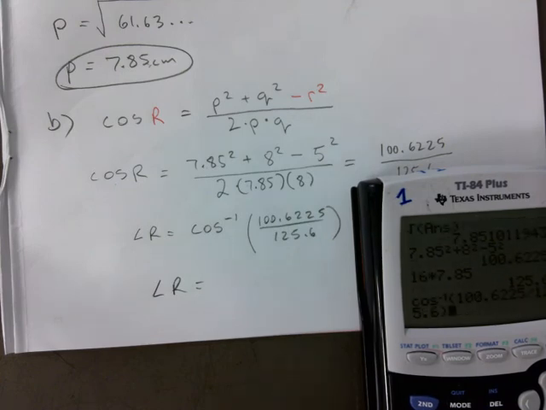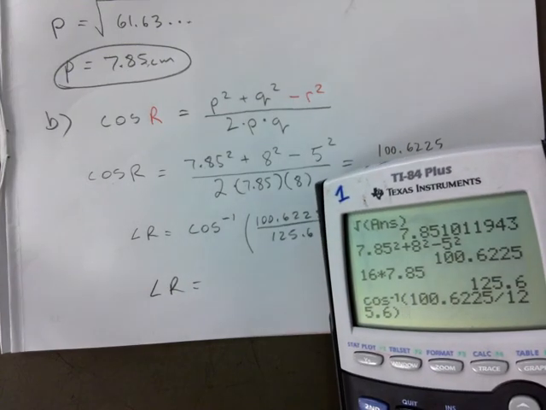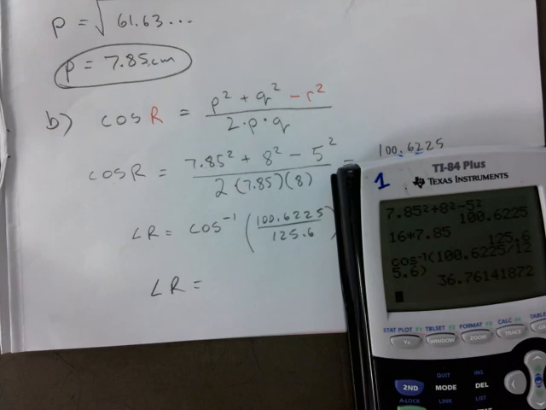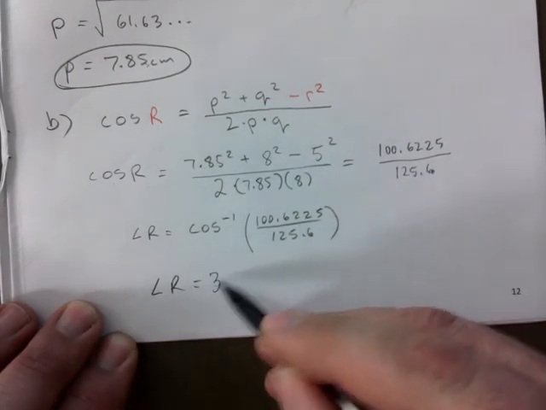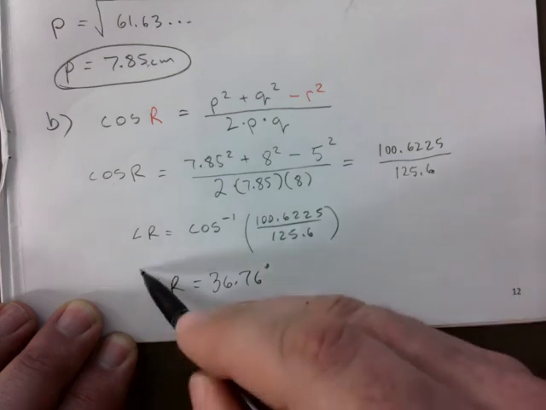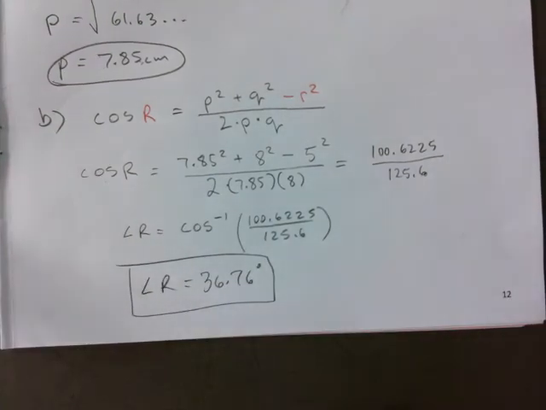Close the brackets. I type that all in one shot. Then I hit enter, and I get 36.76.